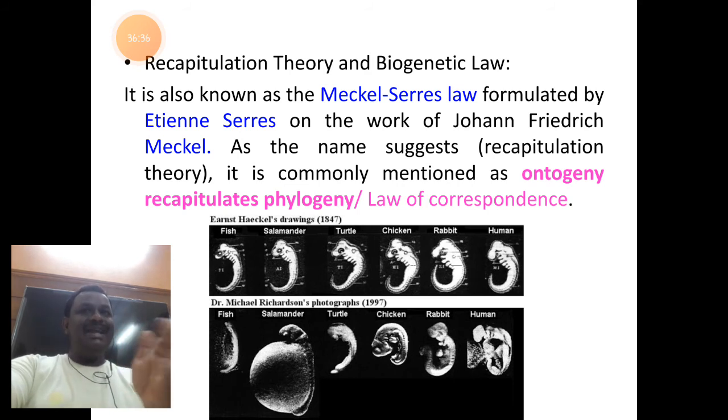In the last statement, we find ontogeny recapitulates phylogeny or ontogeny repeats phylogeny. This law is also called the law of correspondence as it relates the evolutionary concept with that of developmental sequences. So during the developmental stages of an organism, the ancestral characters get repeated in them. That's what the biogenetic law of Haeckel predominantly talks about.